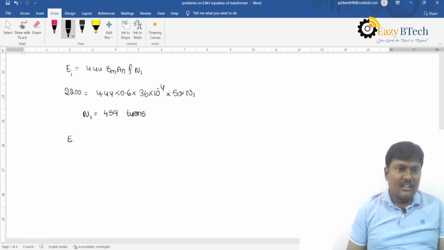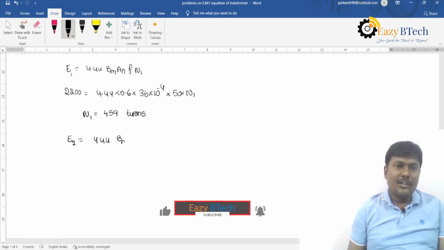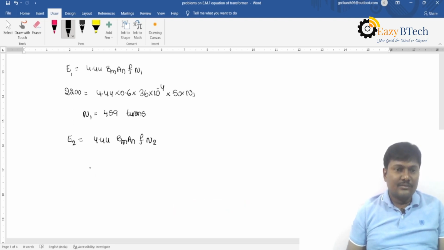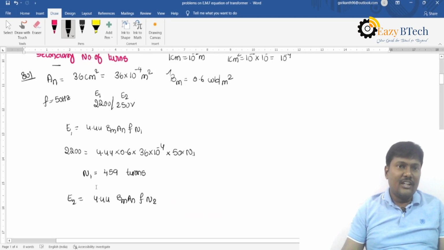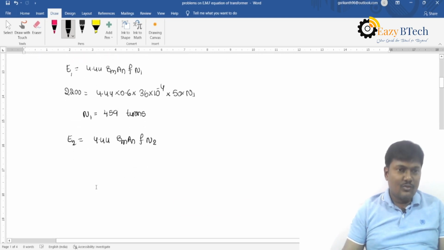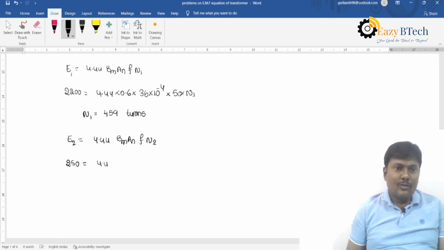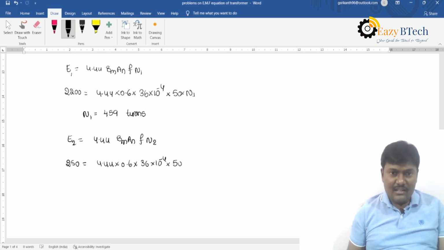Similarly, use the secondary induced EMF equation: E2 is equal to 4.44 into Bmax into AN into F into N2. The secondary induced EMF is given as 250 volts, Bmax is 0.6, this is 36 into 10 to the power of minus 4, and the frequency is 50.